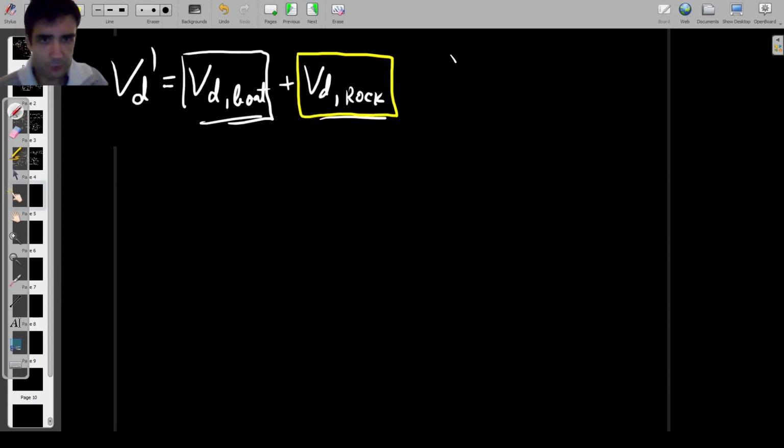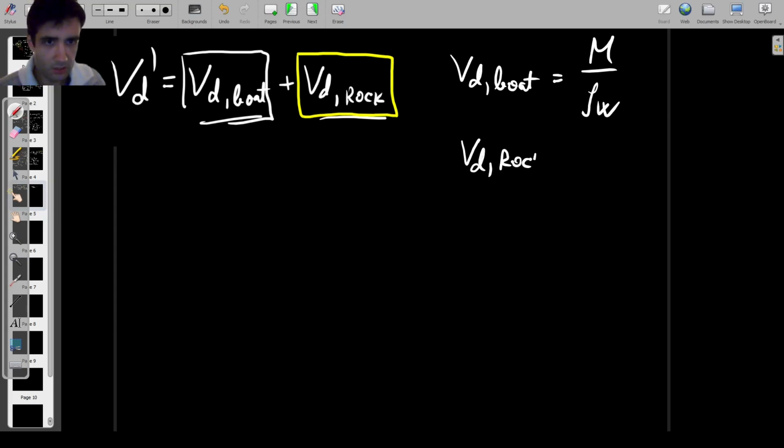Right, so we have two things. We've got the volume displaced by the boat. This was the mass of the boat divided by the density of the water, and then we have the volume displaced by the rock. That's the mass of the rock divided by the density of the rock.